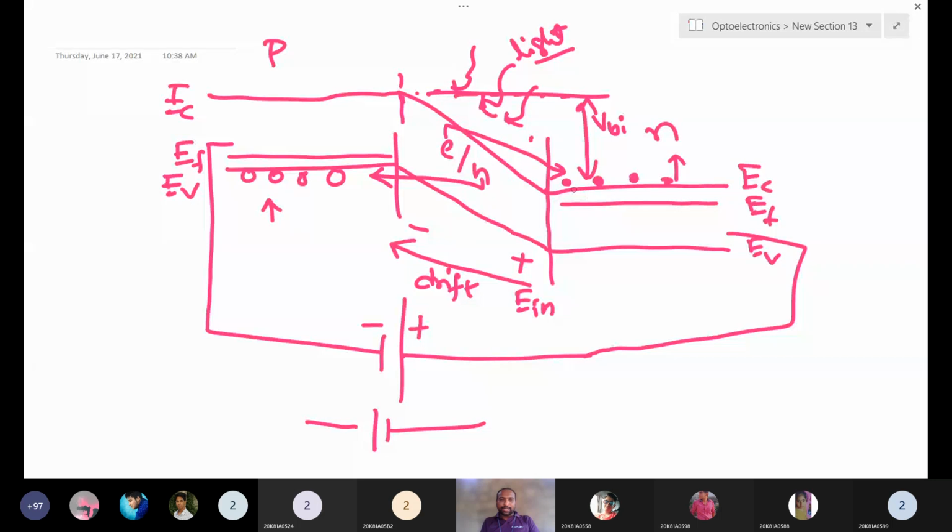Is this clear to you guys? Please tell me your response. Otherwise, I will go through it again. Please tell me, is it clear? Did you get how this solar cell is working? Could you follow what I am explaining? Please respond.